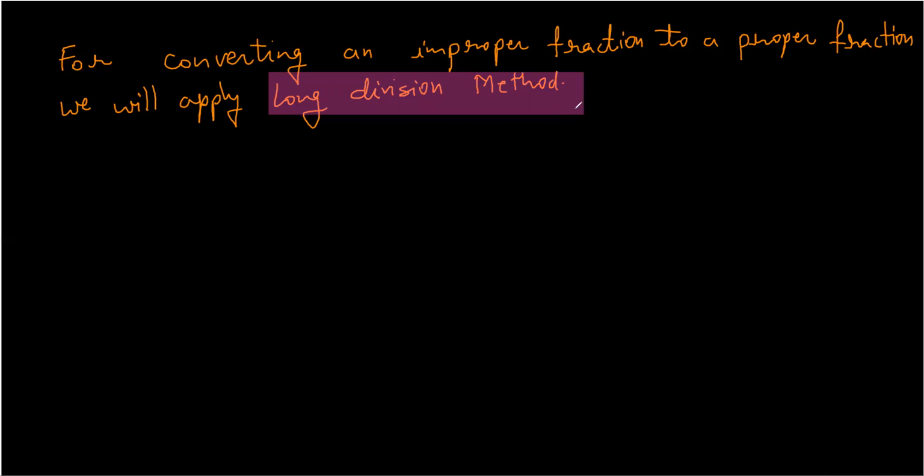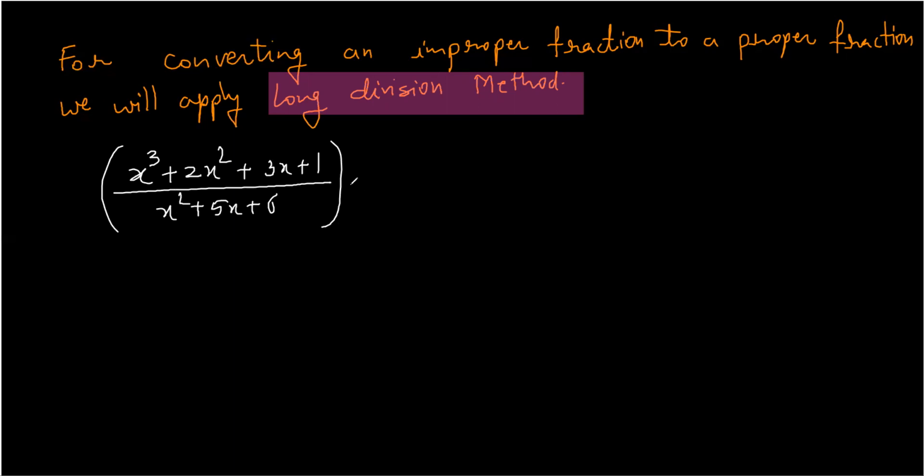See, for example, suppose I have here x cube plus 2x square plus 3x plus 1 divided by x square plus 5x plus 6. Now this is definitely an improper fraction. I want to convert it to a proper fraction, so I will go for actual division.